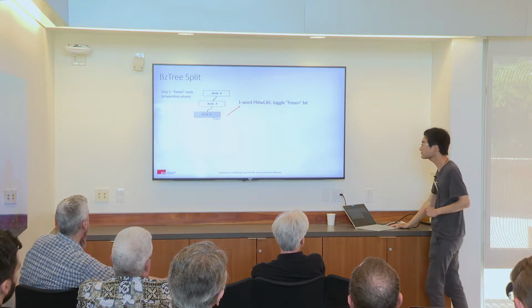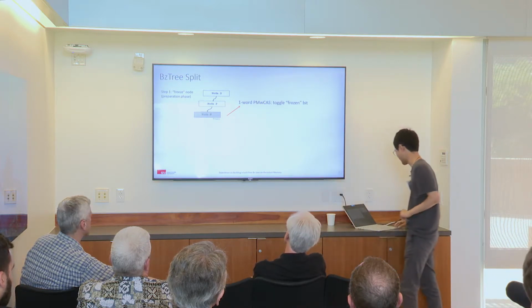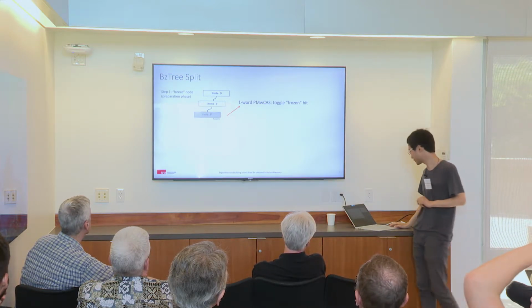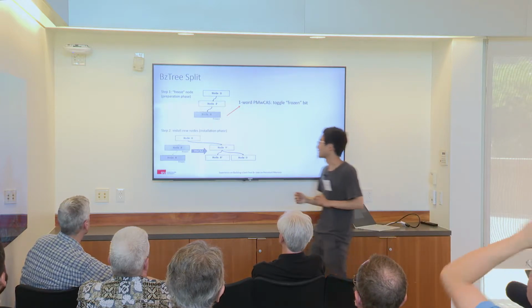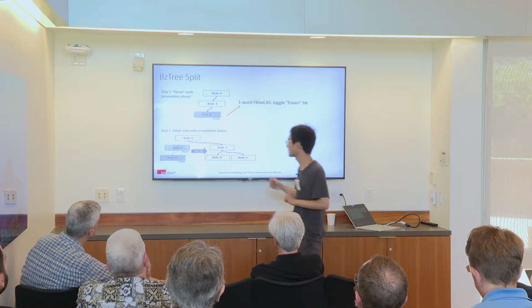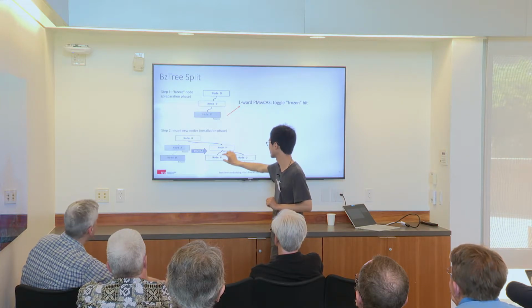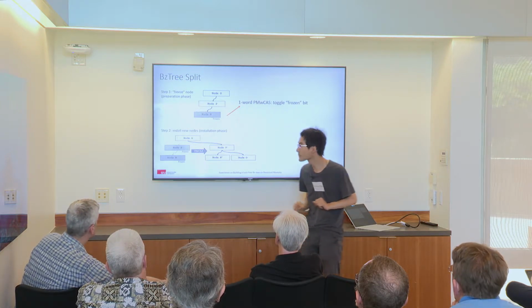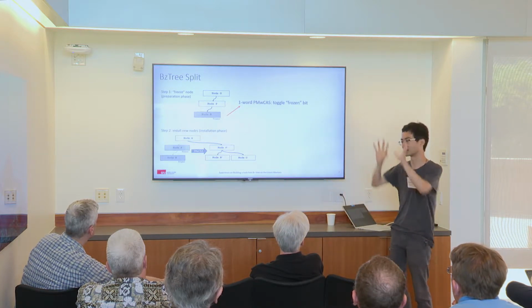Yeah. So that's the first step, and now we have frozen the node, so no one else can insert into it. Then the second step is called the installation phase. Basically, this is installing the new nodes. What you need to do is take this node and break it into two nodes, the node n prime and also node O here. Remember that this is a copy on write tree for the internal node parts.